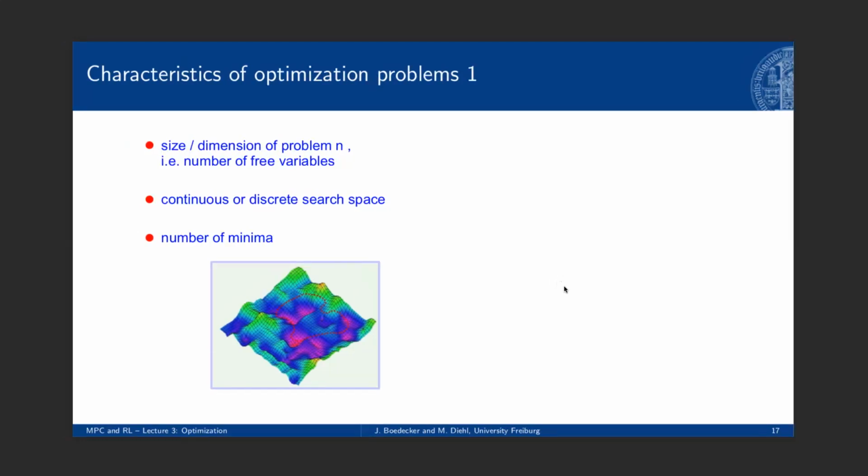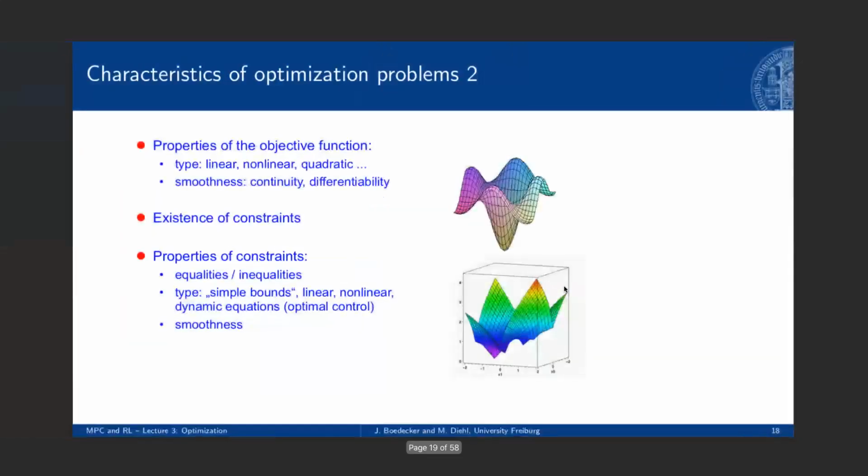The second question could be about the properties of your objective. Do you maybe have a linear objective function, just a linear function, or could it be nonlinear, general nonlinear? Maybe it's quadratic. That's very often the case in MPC, for example. And then questions like smoothness. Is it continuous or differentiable? Maybe twice, three times differentiable, infinitely many times. And another important question: do you have constraints or don't you? Maybe you don't.